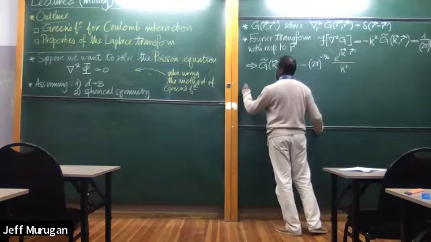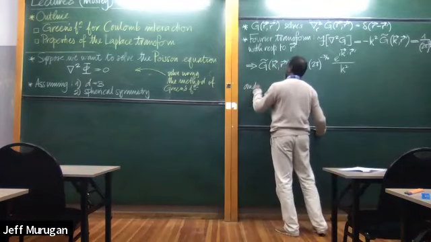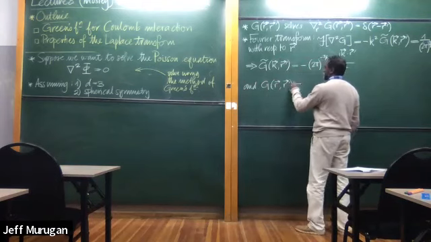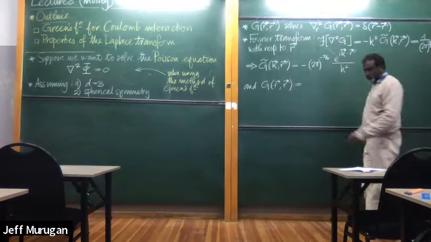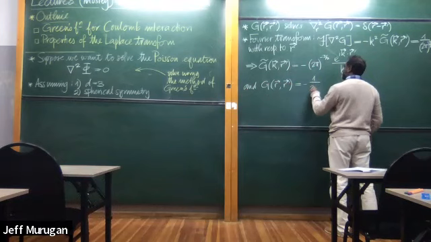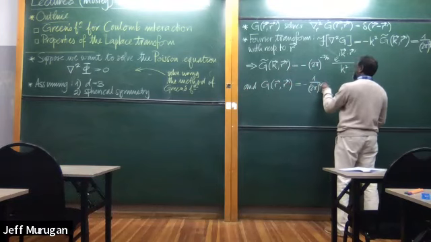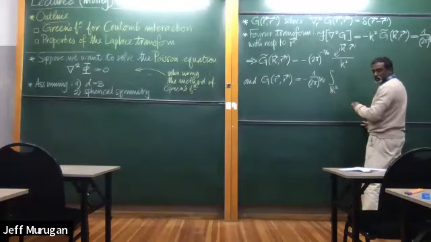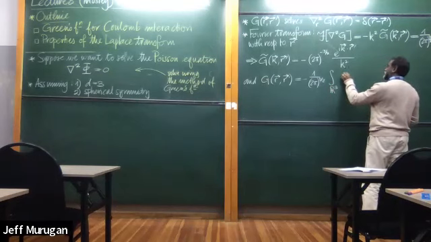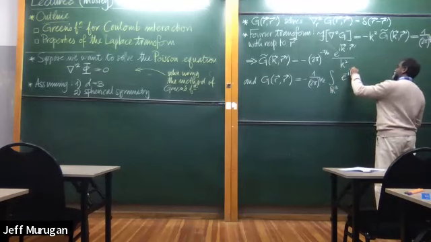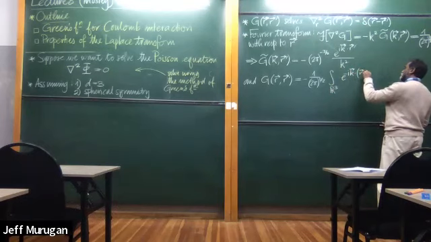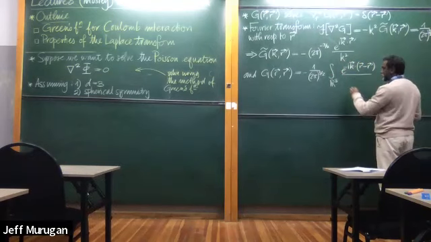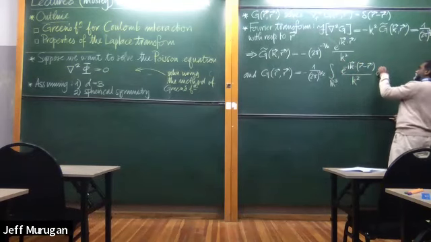So if I invert the Fourier transform, I'll find that g of r, r' is minus 1 over (2π)^(3/2) integral over 3-dimensional real space of e^(-ik·(r-r')) over k squared, d^3k.